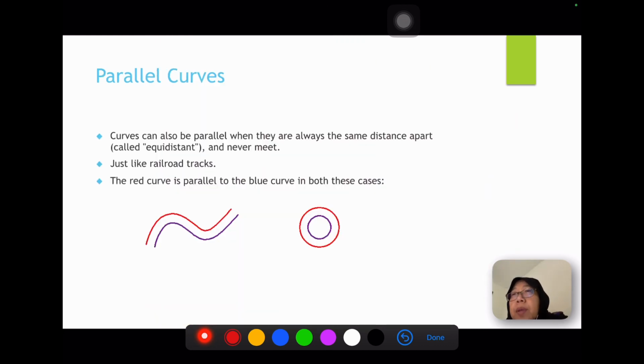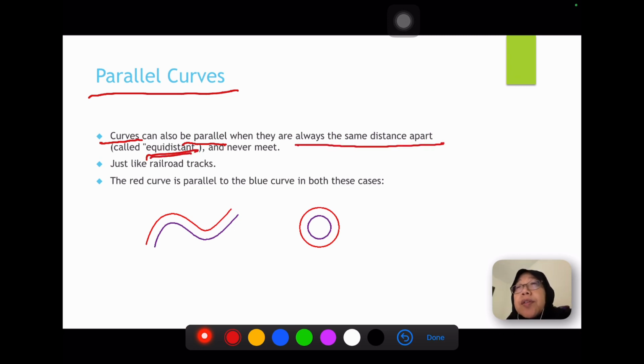Okay, we have looked at straight parallel lines. Now we are looking at parallel curves. Curves can also be parallel when they always have the same distance apart, which is called equidistance once again, and they never meet. For example, railroad tracks. Just like this one here.